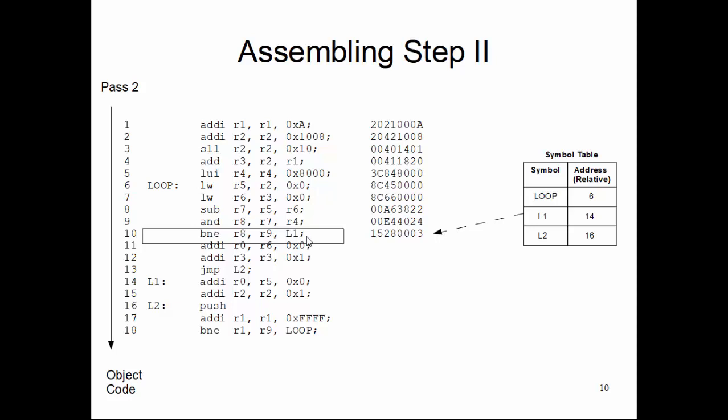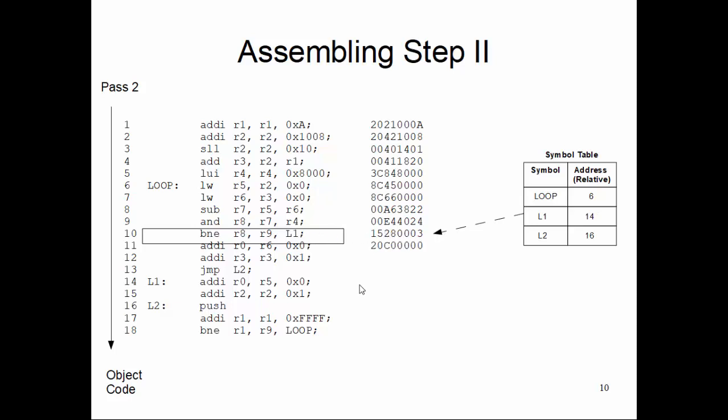What exact detail it does, we'll discuss later. How this 14 gets into this specific instruction, BNE R8, R9, L1, we'll discuss later. For the time being, just take it for granted that it looks up that symbol's relative address and combines that information somehow into your machine code. It generates that.